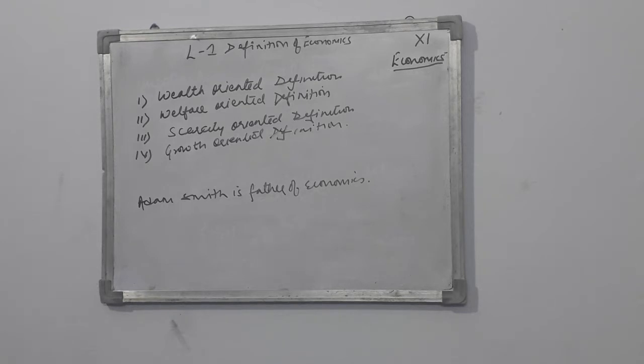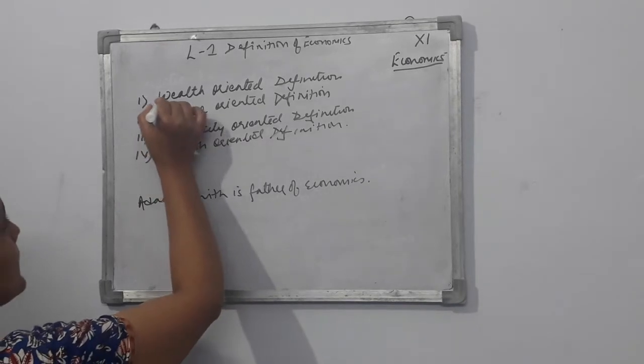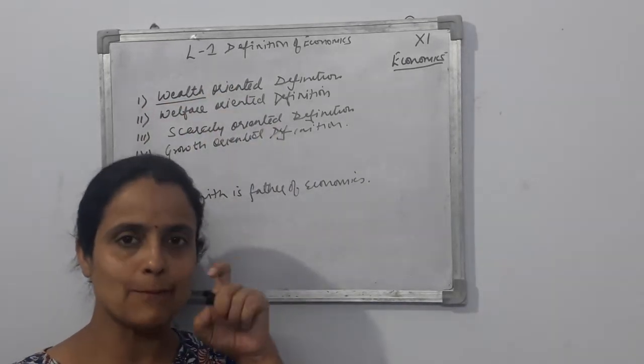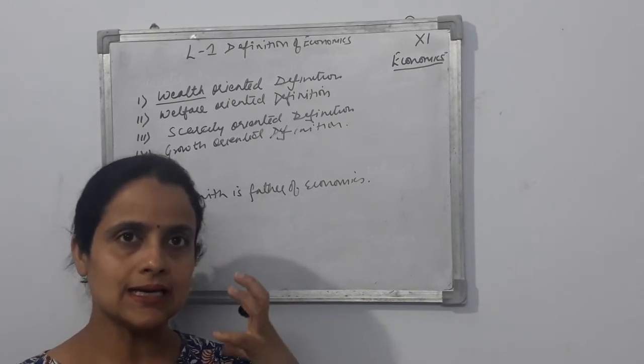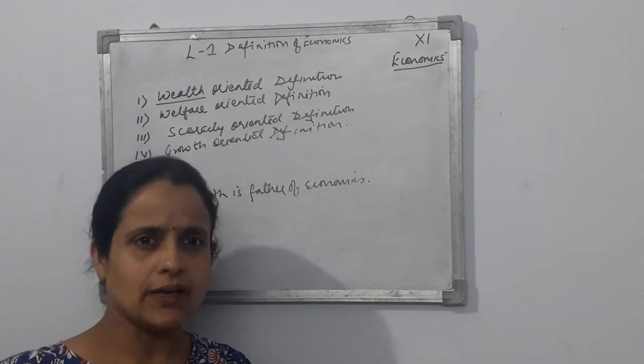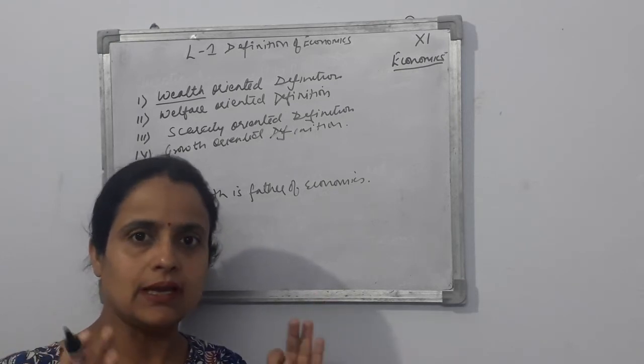Now when we talk about wealth, what does wealth mean? We will read the definition shortly, but before that let us know what wealth means. Wealth means property, right? It is basically you can say money or property, sampatti in Hindi we call it.